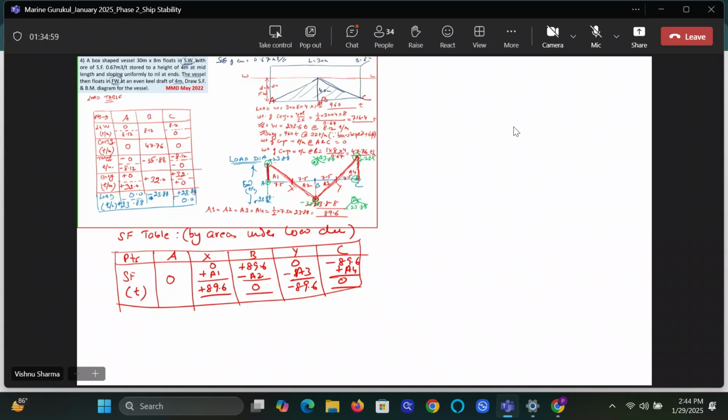Now we move on to making the SF diagram. Again, the values are repetitive, so no time to waste on the scale, guys. Scaling should not take much time. So A, then X, then same distance B, and same distance Y, and same distance C. Each one of them is 7.5 apiece.